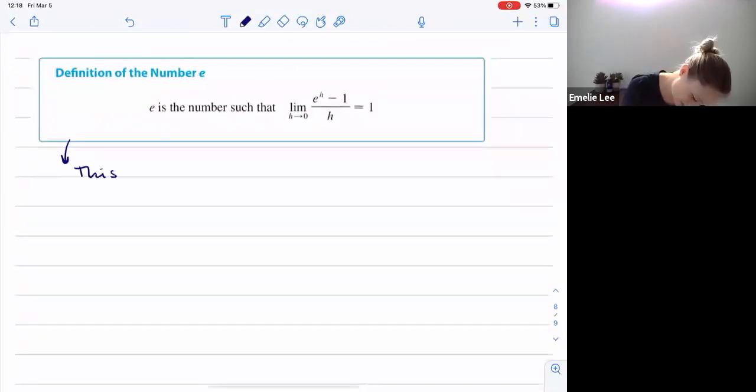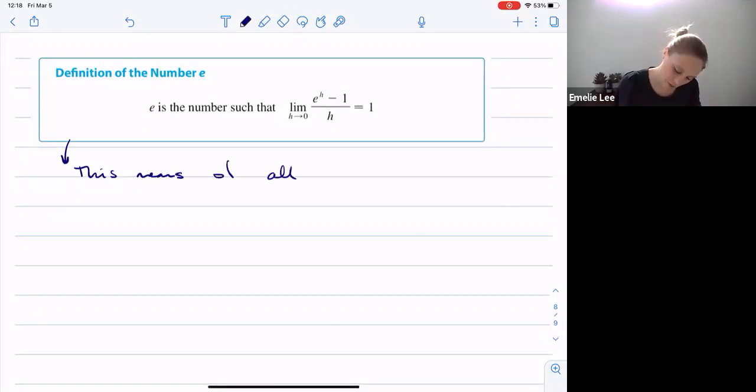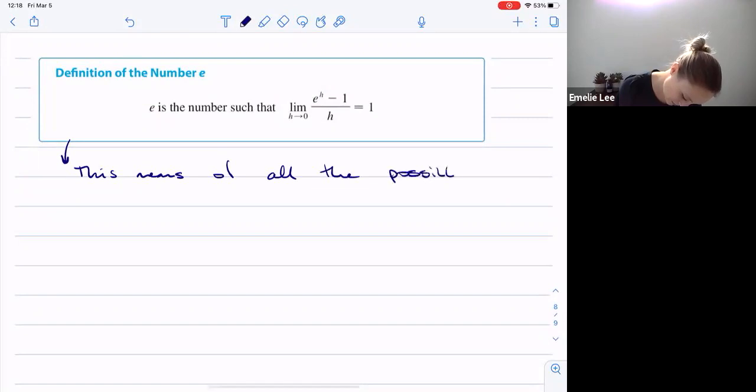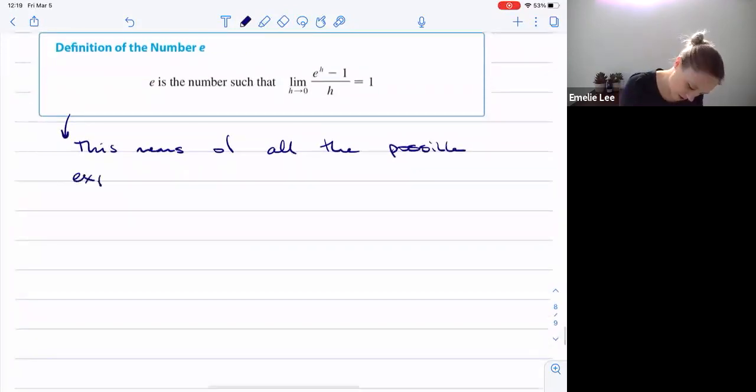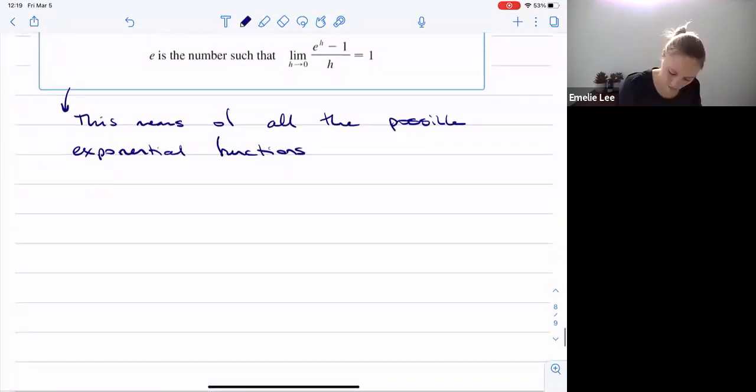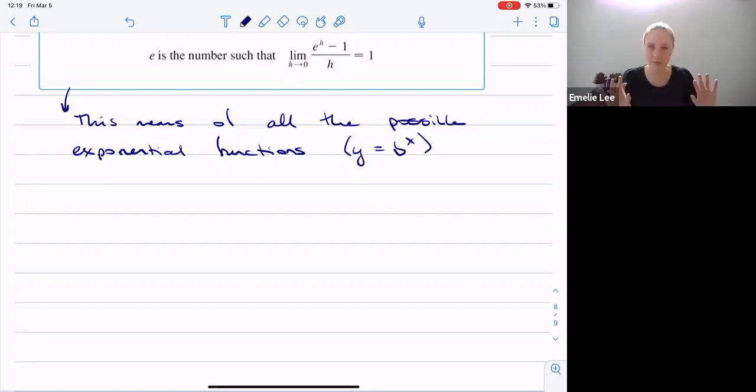So this means of all the possible exponential functions, which have the form y equals b to the x, that's an exponential function when the x is in the power. But in this section, we're focusing on e to the x.